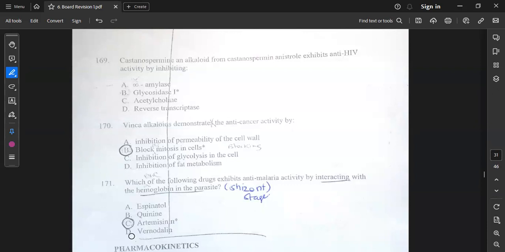What's the mechanism of action for quinine? I'm seeing quinine can disrupt the DNA replication of Plasmodium.